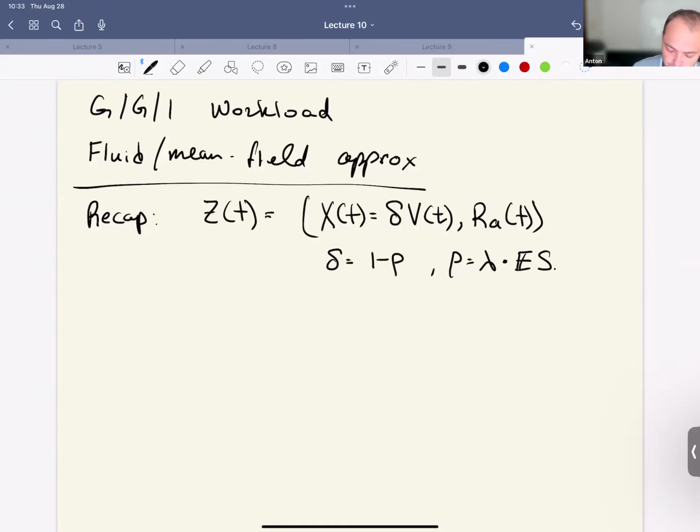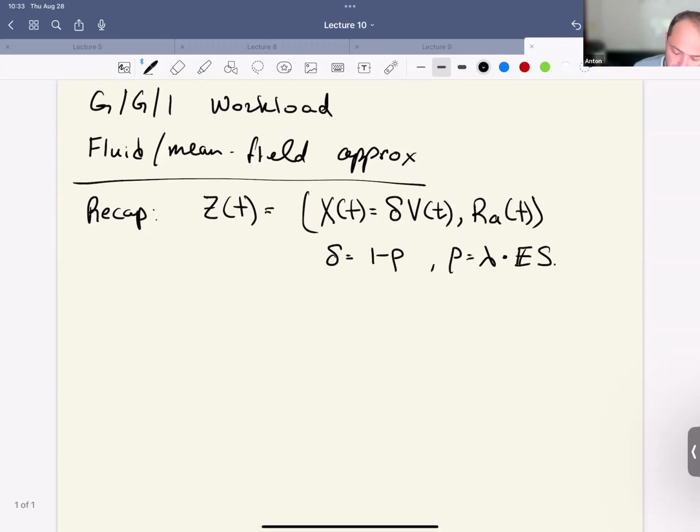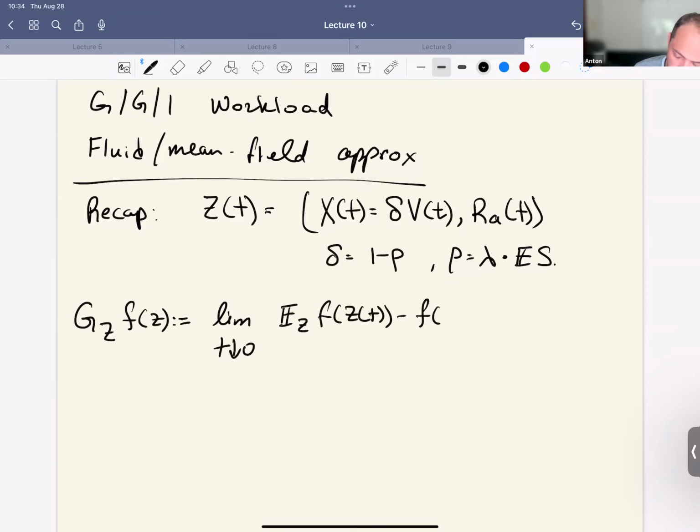And what we basically showed is that the generator of this process Z applied to any function f is defined in this way, minus f of z over t. This is the partial with respect to x.